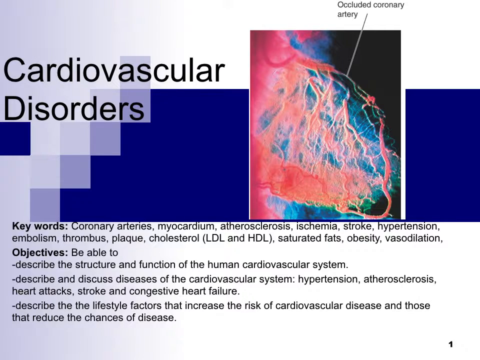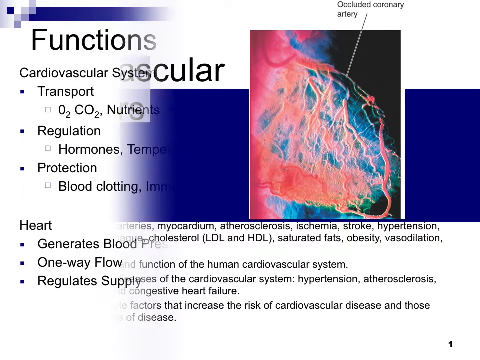Here there's a blockage, in an artery on the surface of the heart. Right where the occluded coronary artery is, you can see it goes abruptly from a lot of blood flowing to none. This is a typical symptom of a cardiovascular disease called atherosclerosis, a really, really important condition.